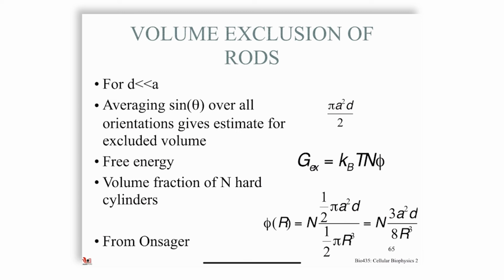And for N hard cylinders, hard meaning they can't pass through each other, from Onsager's approach, you can get a closed form solution for the packing density as a function of r being N times this sort of complex looking geometric expression, which simplifies to N a squared d upon 8r.